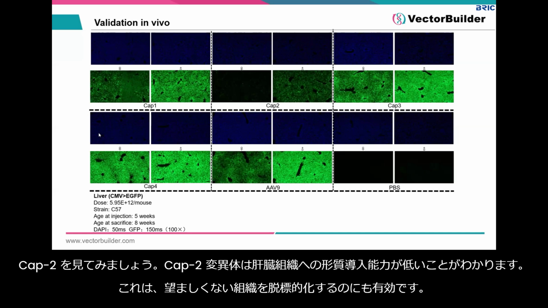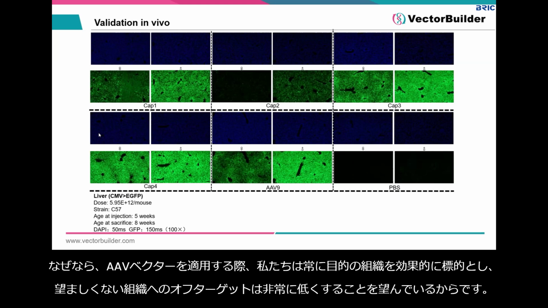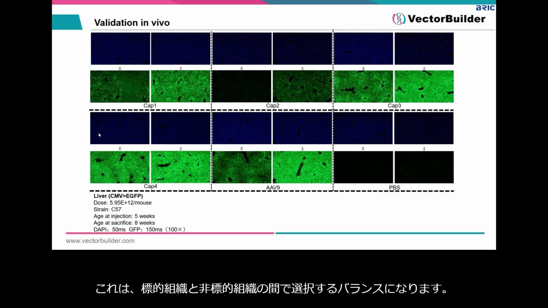We see the CAP2 mutant has less capability of transducing the liver tissues, which is also good for de-targeting the unwanted tissues. Because during application of an AAV vector, we always want the AAV vector to target our target tissue very successfully and to target unwanted tissues at a very low efficiency. So this would be a balance to choose between the target tissues and non-target tissues.